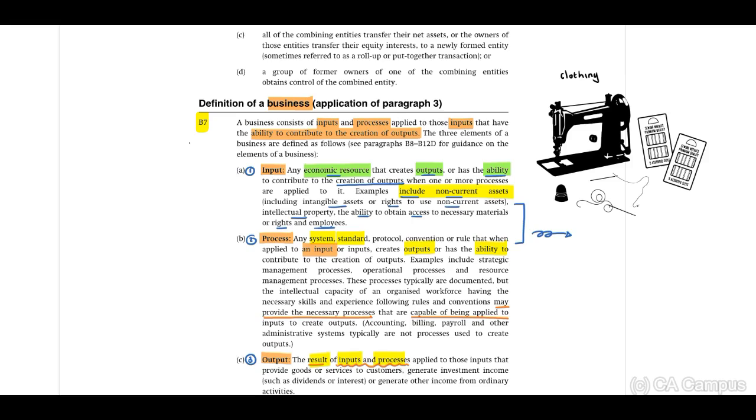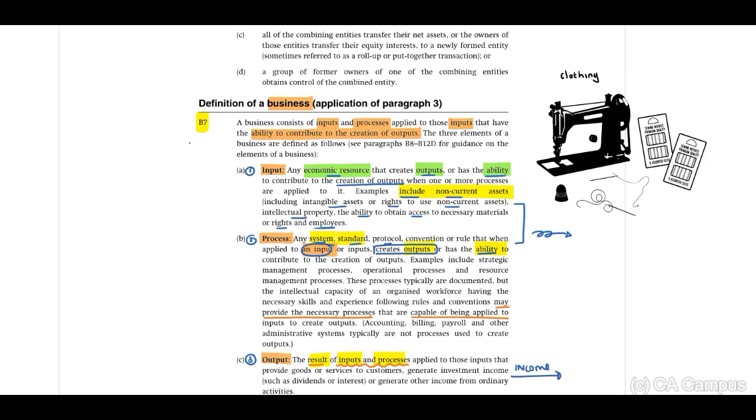And then two, guys, the process can be a system, a standard, protocols, anything that will be able to be applied to the input to create an output or has the ability to contribute in creating the output. And then the output will be a result of inputs and processes. Now, guys, this should be income, revenue, any form of income that you will be able to identify.